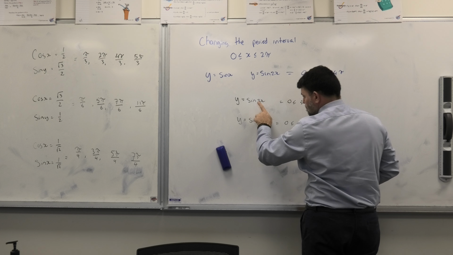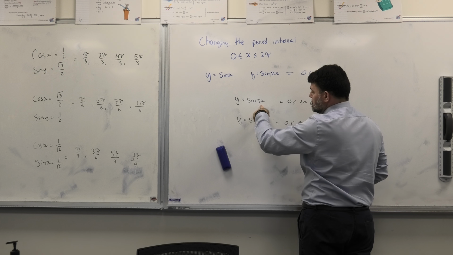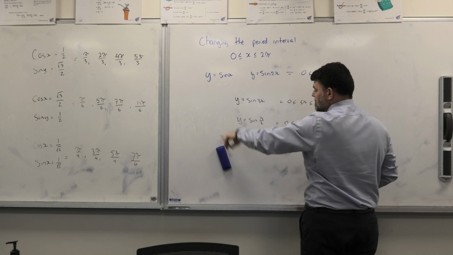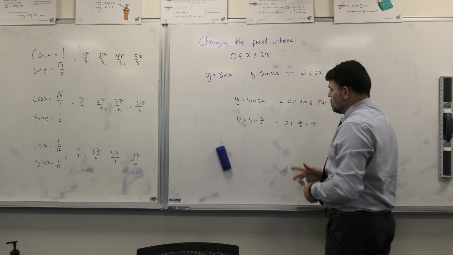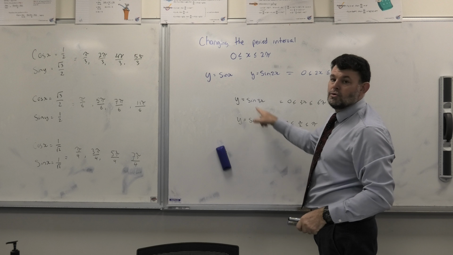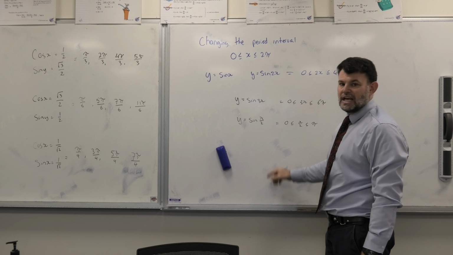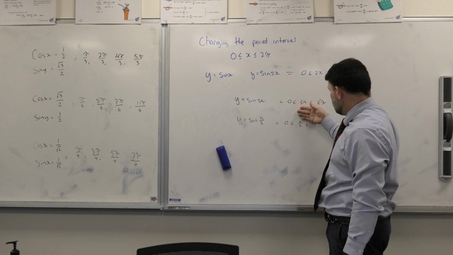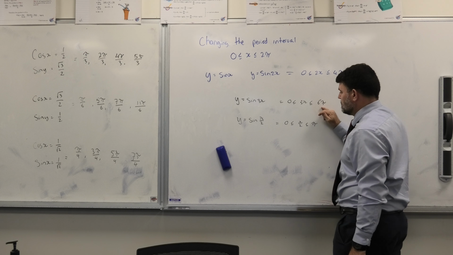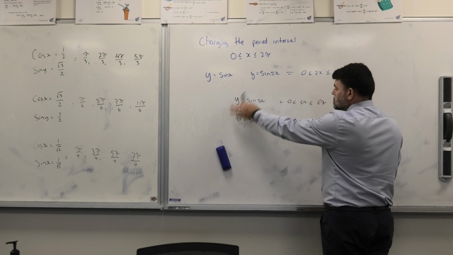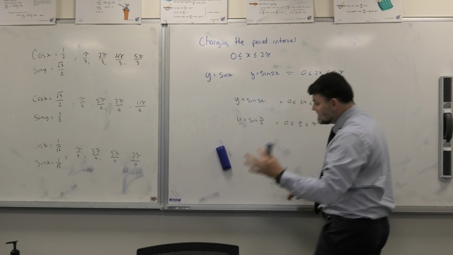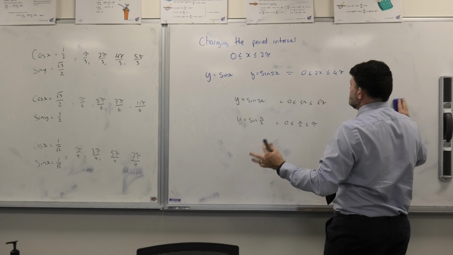If it was y equals sine 3x, then you go around the unit circle once, you then add 2 pi to get to that point again, and then you add another 2 pi to get to that point. So effectively you're adding on 4 pi onto your 2 pi point here. And with half x, you only go to that halfway point. So let's just see how this works in an example.